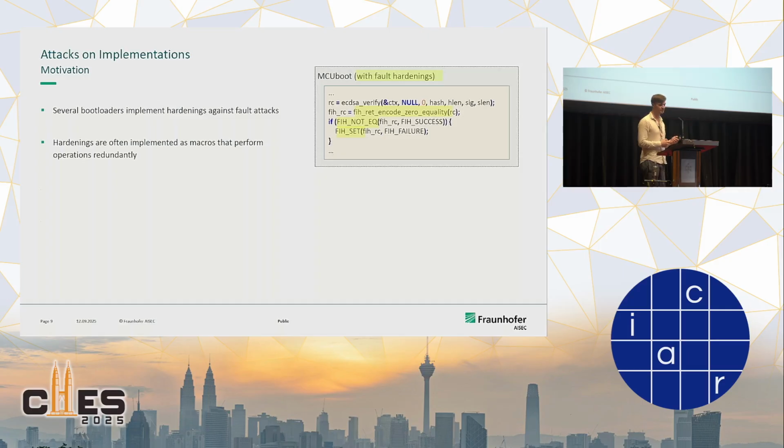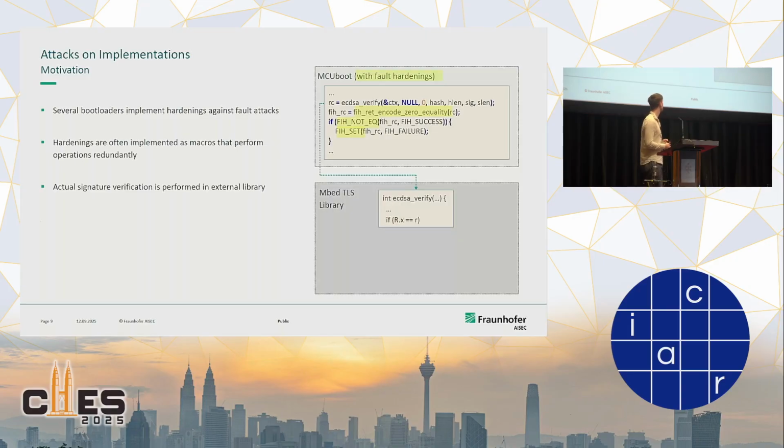And you might already guess what the problem with this is here, that this ECDSA verify function is of course not implemented in the bootloader, but in some cryptographic library. And if we take a look into that, we can see that at the end of this verification function, we just have this comparison here of the witness point R. We check if the x coordinate is equal to our signature value R. And if it's not the case, we just return that the signature is invalid.